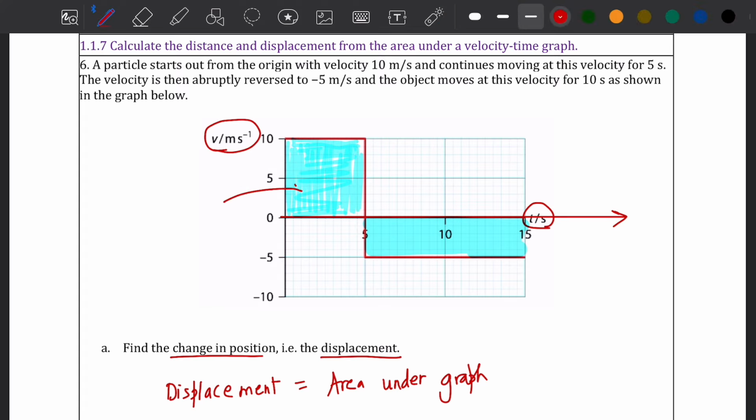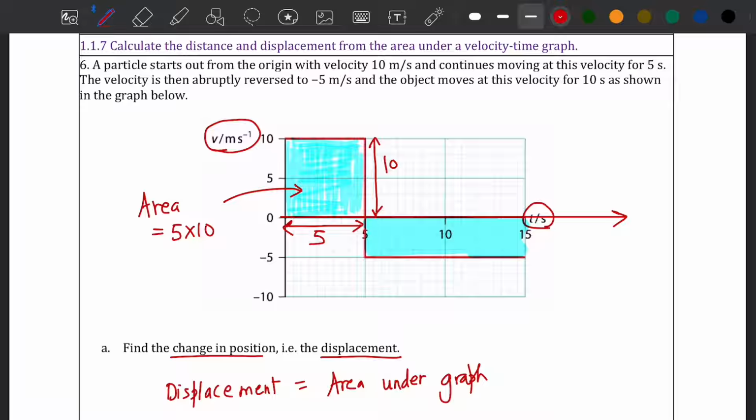So this is a square or a rectangle. We know that the formula for area is length times breadth. So we can just find the sides of this rectangle. This is 5 and this is 10. So we will get this area as 5 multiplied by 10.